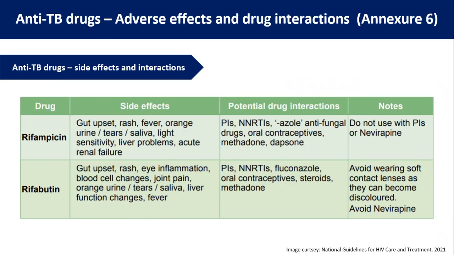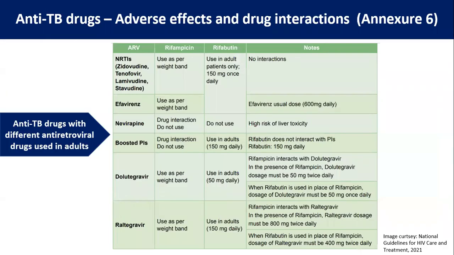However, efavirenz can be used, and rifabutin can be used with PIs and efavirenz also, but it should not be used with nevirapine. Now, coming to other ARVs and the interaction with rifampicin or rifabutin.